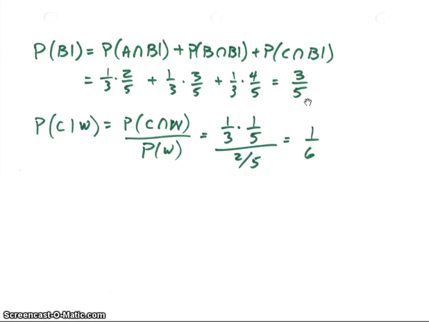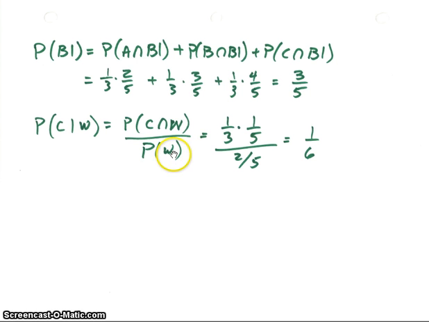Now the conditional probability that the marble came from box C, given that it was a white marble that we chose, is equal to probability of C and white, or C intersect white, over probability of white. Again, the W here matches with the W here.